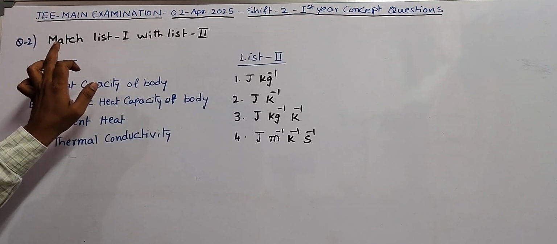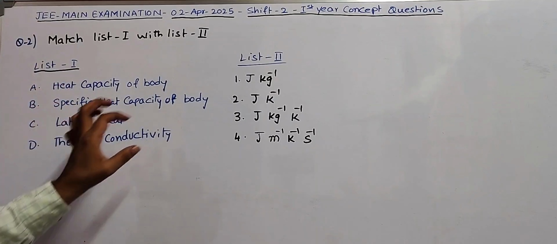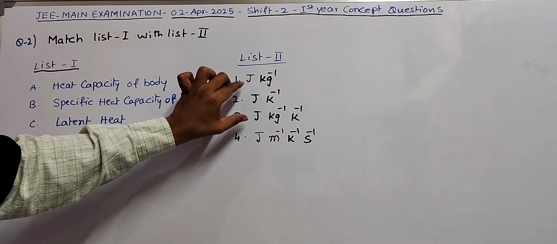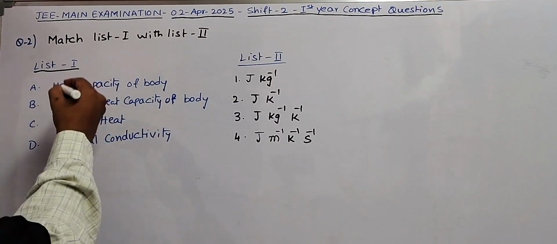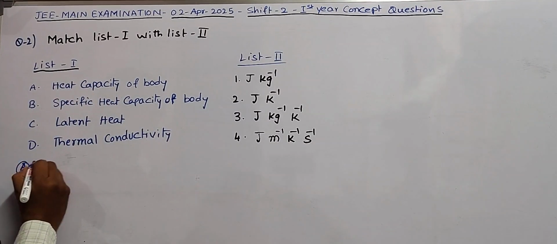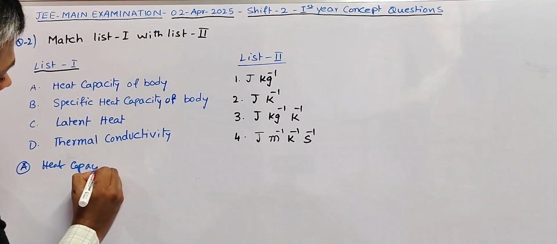The second question: match list 1 with list 2. List 1 comprises some physical quantities, and list 2 gives their physical SI units. First one is heat capacity.